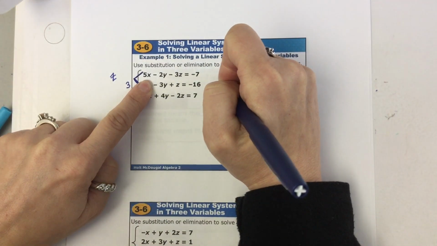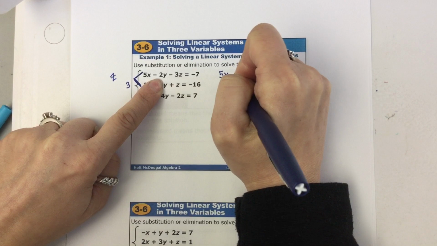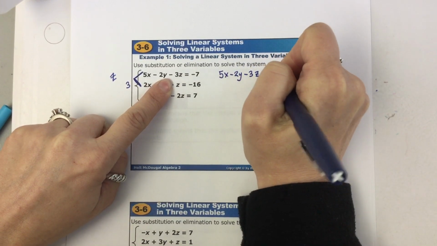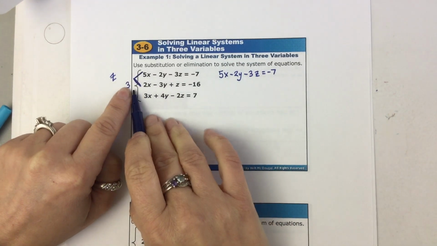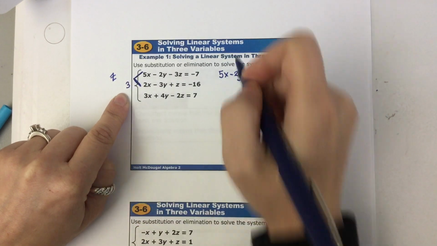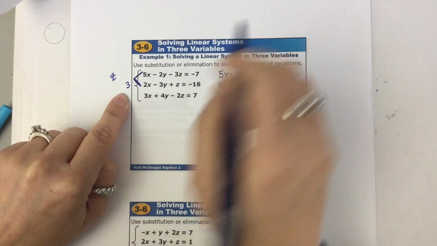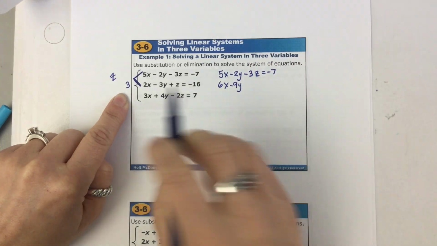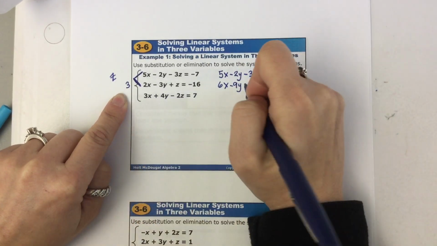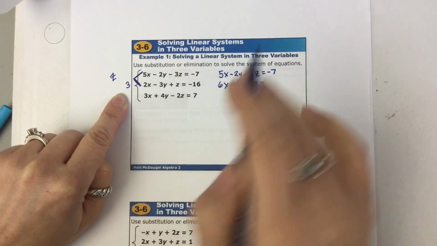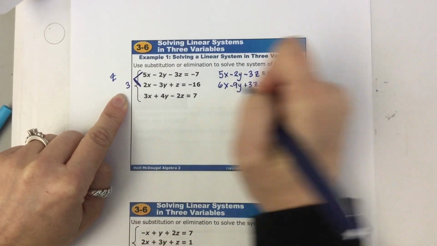So on the top, I'm leaving it 5x minus 2y minus 3z equals -7. Now the second equation, I have to multiply everything by 3. 3 times 2x is 6x. 3 times -3y is -9y. 3 times positive z is positive 3z. 3 times -16 is -48.